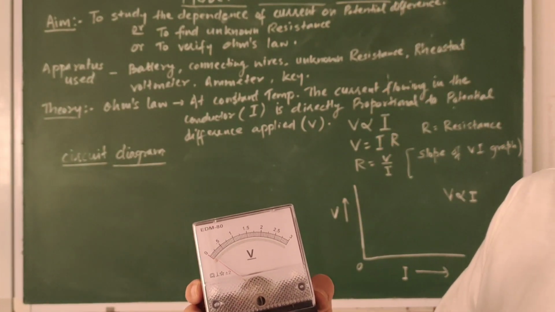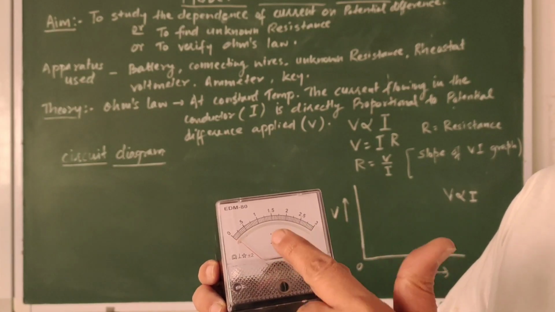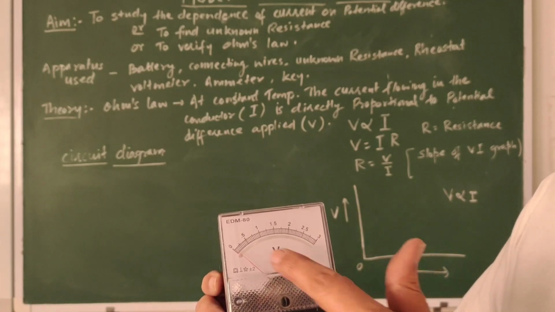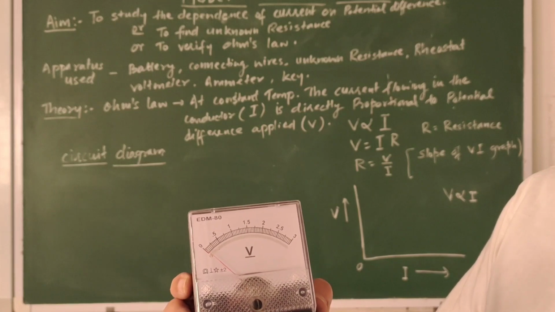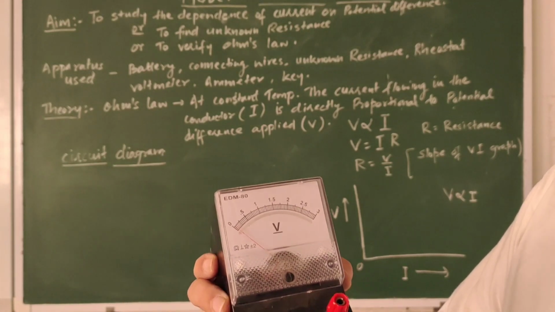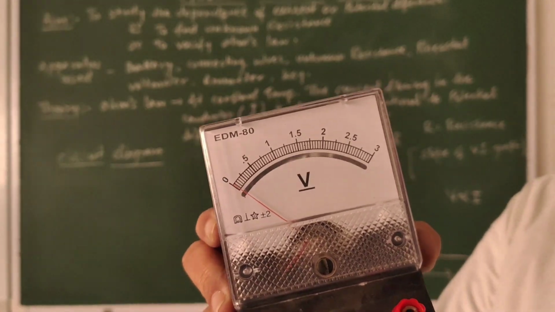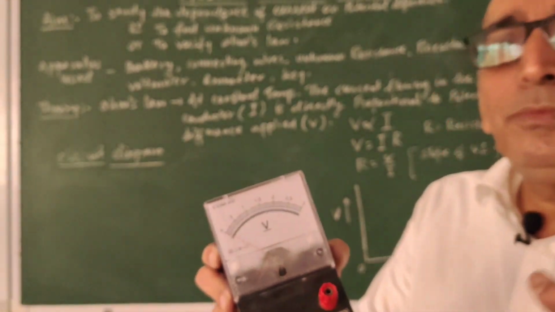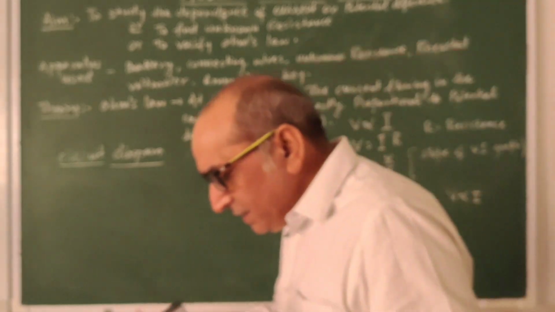The least count you have to calculate. You have to see the bigger marks. In this voltmeter, the bigger mark is at 0 and the next is at 0.5. Between 0 and 0.5, there are 10 divisions. You can count there are 10 divisions. So we have to find how much one division measures, and that is called least count.